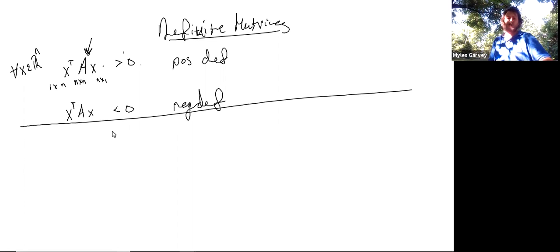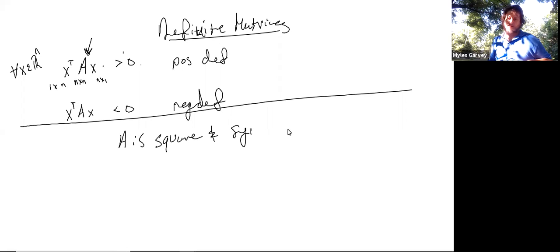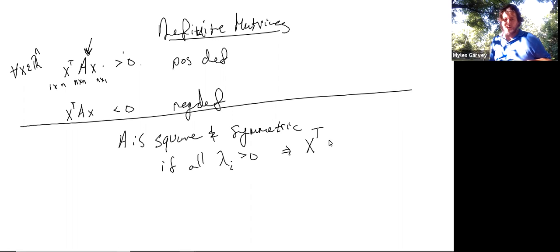Well, as it turns out, it's important that it needs to be symmetric. If A is square and symmetric, then if all the eigenvalues are strictly bigger than 0, then this holds true.